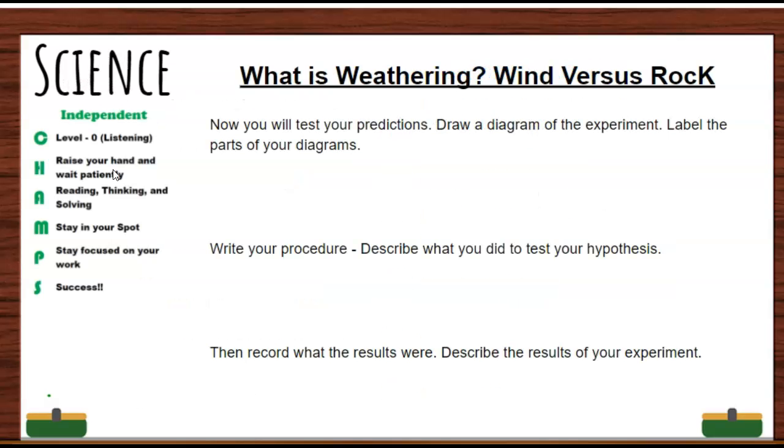Okay, so what this looks like on your lab sheet, I'm going to draw my cup. And that is a cup. I'm going to label it because it says draw a diagram of the experiment and label the parts. So this is a cup. Put some salt in here. Salt is also wind.